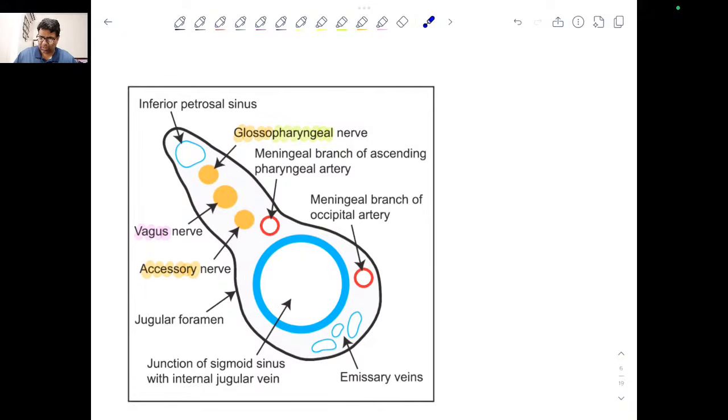Now it is not necessary to remember all structures of less importance. So remember inferior petrosal sinus, which is the first tributary of internal jugular vein, then 9, 10, 11, and obviously the internal jugular vein. So this is for jugular foramen.